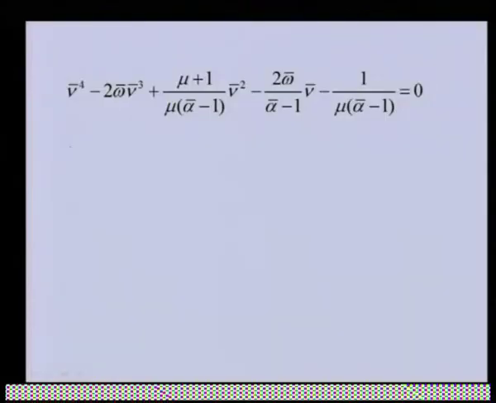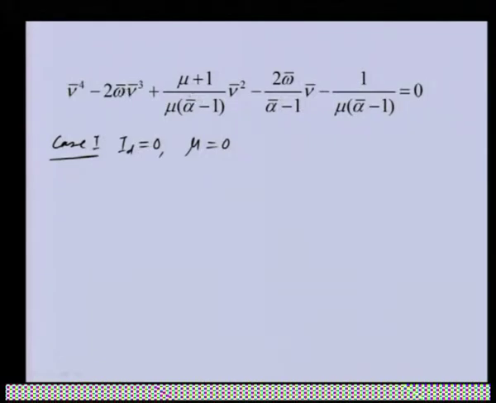So, in case 1, let us say i_d is 0, that means we are considering a point mass, and for that mu will be 0, because i_d is related with mu. If you substitute mu is equal to 0 here, you can see that mu is here. So, first we need to multiply mu to the whole expression. So, this and this term will vanish.